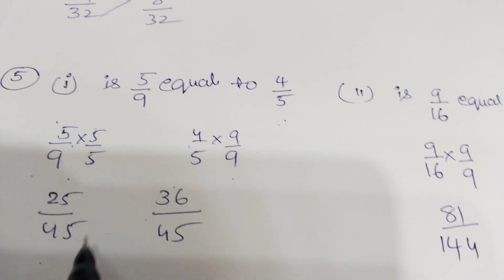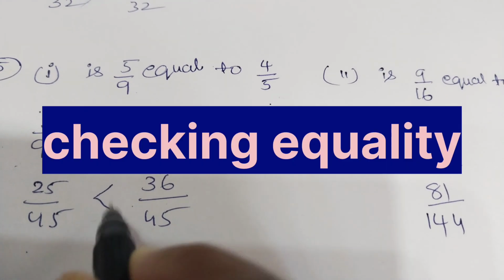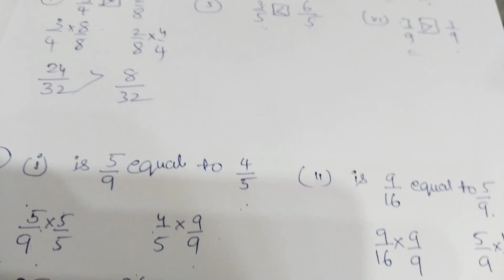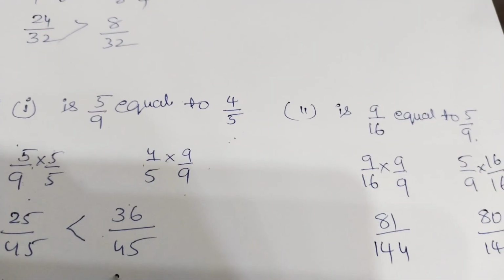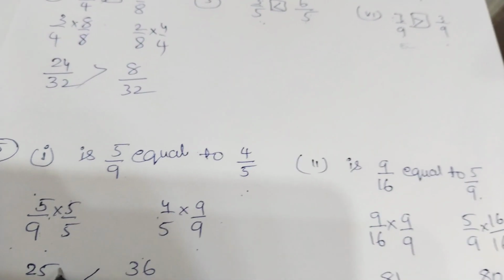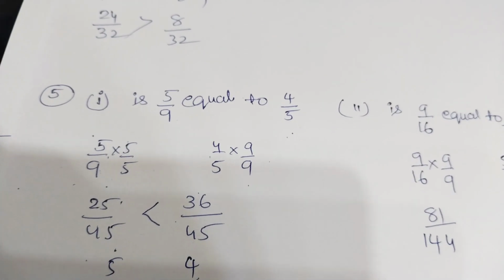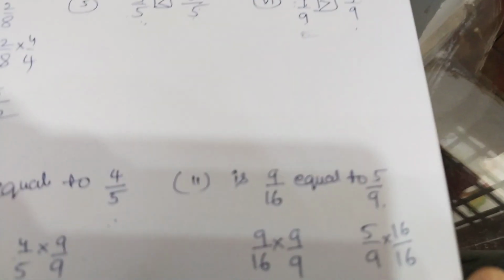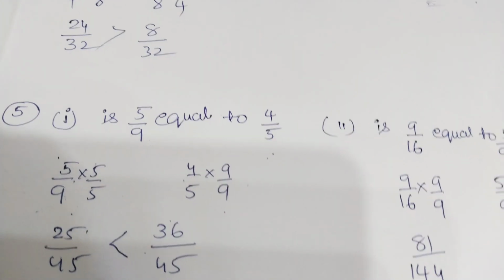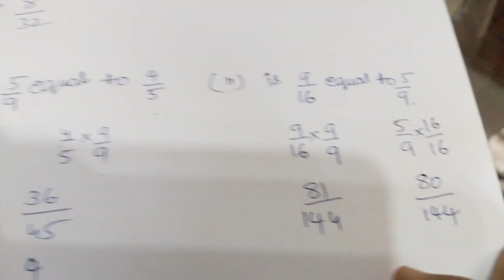So 36 by 45 is bigger than 25 by 45. 36 by 45 comes from the 4 by 5 fraction, and 25 by 45 comes from the 5 by 9 fraction. So 5 by 9 is less than 4 by 5. This is the answer. So what is our conclusion? 5 by 9 is not equal to 4 by 5.